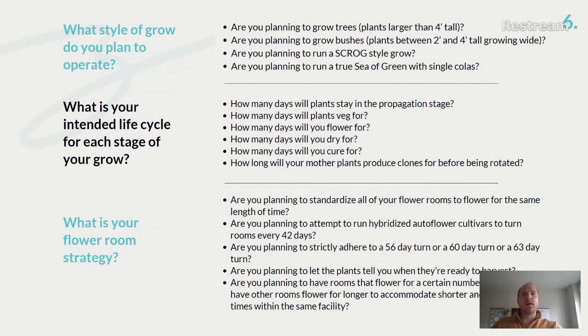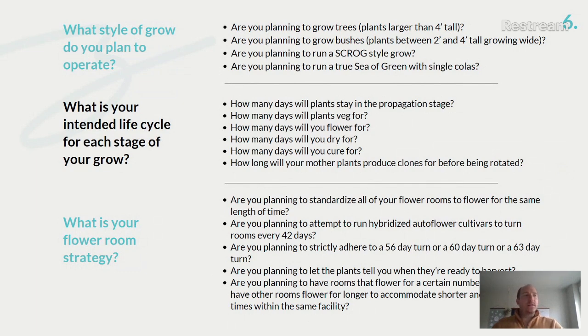That's just one example, but the other big piece, your decision here is going to really affect your employees' workload. The larger the plants are, the more cumbersome they are to work with, and the more difficult it is for them to maintain pest pressure, because ultimately the larger the plant, the older the plant, and the more likely they are to come in contact with some level of contamination, whether it's a virus like the hop latent viroid, or some sort of pest pressure, whether it be aphids or spider mites, what have you.